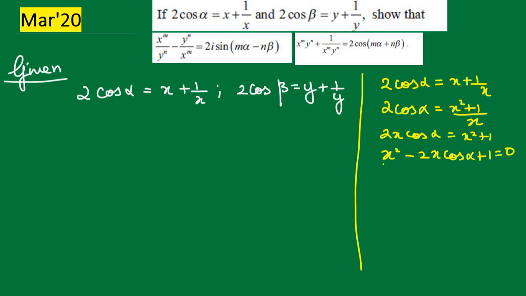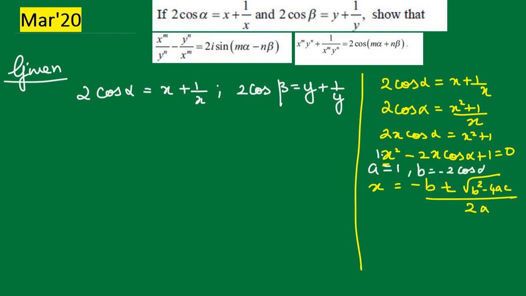It is a quadratic equation in x. The x is equal to, we know, minus b plus or minus root of b square minus 4ac, divided by 2a. So here, according to this equation, the coefficient of x square, a, is 1, b is equal to minus 2 cos alpha, and c is equal to 1.